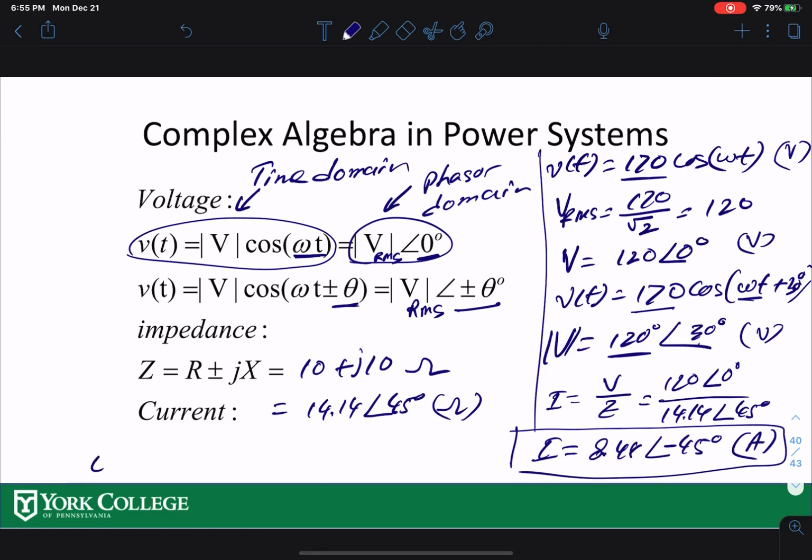If you want the time domain current over here, I have to multiply this one by square root of 2. So if I do that, let me get a calculator here. 8.48 times square root of 2 will give you 12.